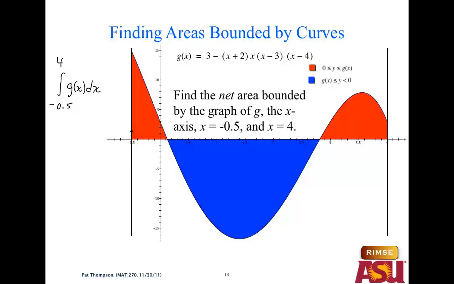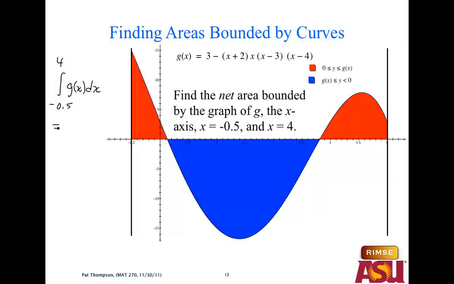The whole thing. So for the red parts, in this part, there's going to be a positive contribution to accumulation, and over here too. But then what about when we're accumulating between those two? There's going to be a negative contribution to the accumulation.